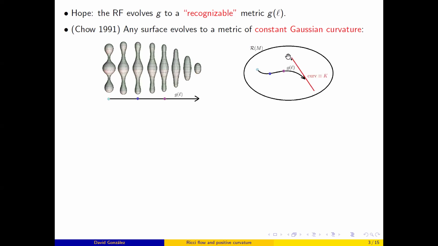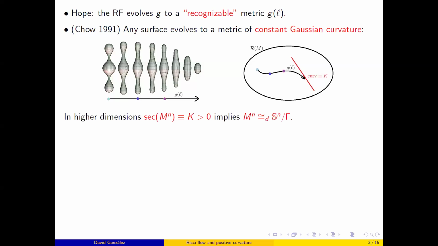If you look at this picture, you have the idea that this path is reaching the subset of constant Gaussian curvature metrics. And we have a classification of surfaces with constant curvature. So this is something we recognize, we know of.